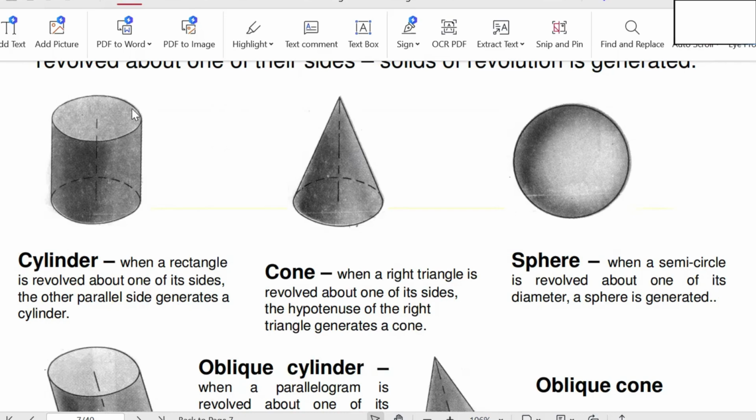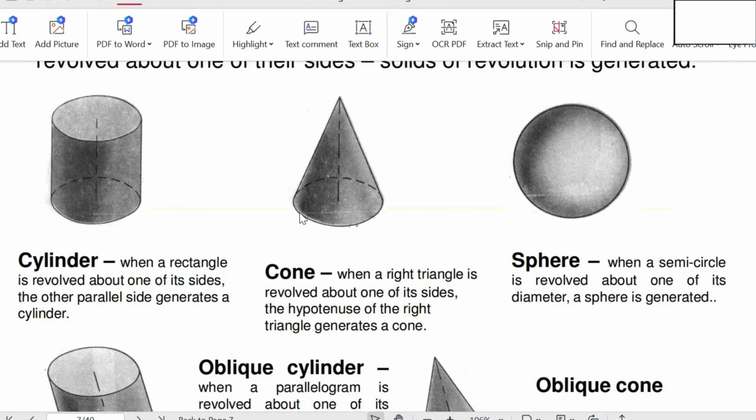Then the cylinder will be formed. The cylinder has a top end that is a circle, and a bottom base that is also a circle. So there are two similar end faces, but these two are circles. In the case of a prism there are also two similar end faces, but here the faces are circles. These two are joined by a lateral curved surface. So this is a cylinder.